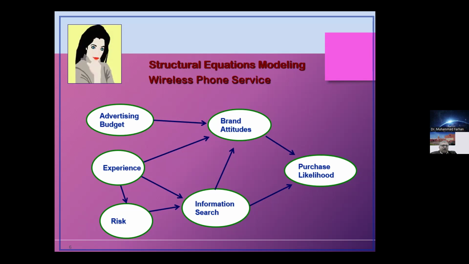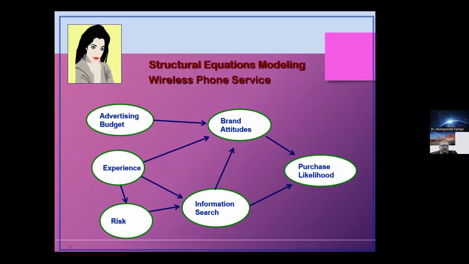Experience also has some influence, as we assume in our hypothesis, and information search is there. So for the single variable brand attitude, we have three influencing variables. We don't need to call them confounding variables, because confounding is something which can have an effect from outside the model.